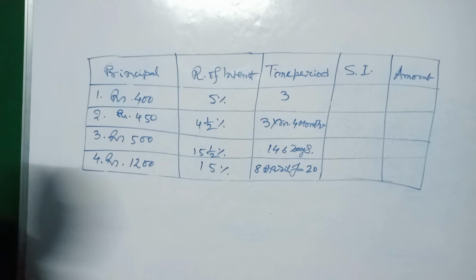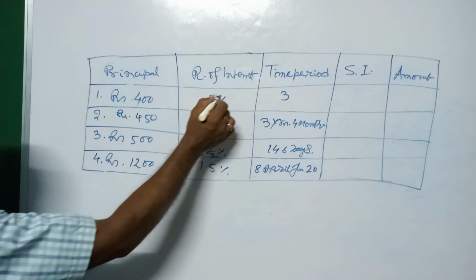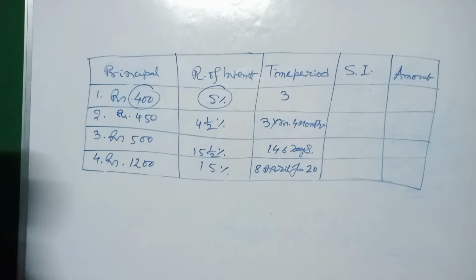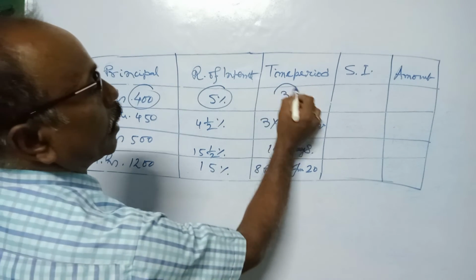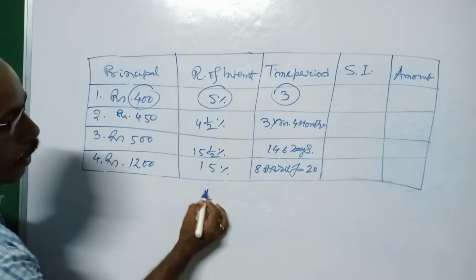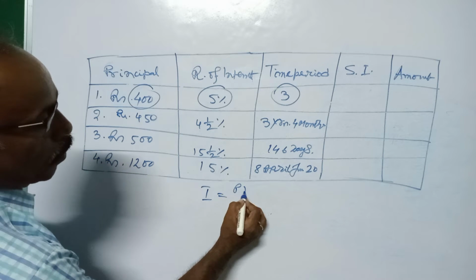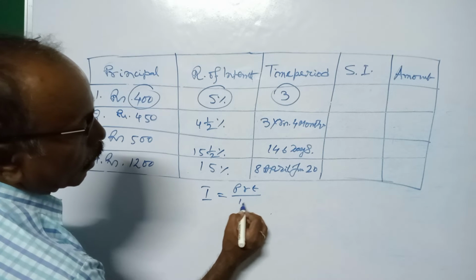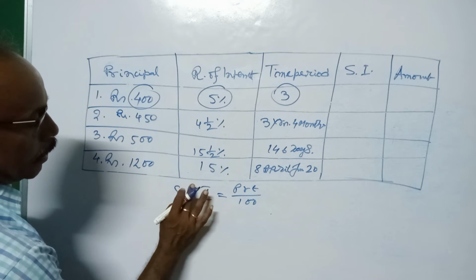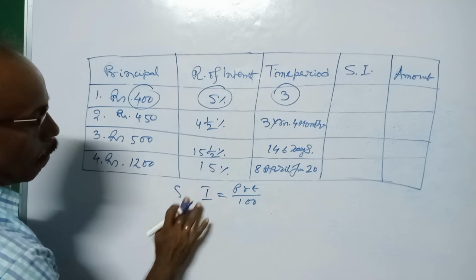My dear student, you see, rate of interest 5%, principal is 400, time period is 3 years. We know I is equal to PRT divided by 100. This I is simple interest. Am I clear?